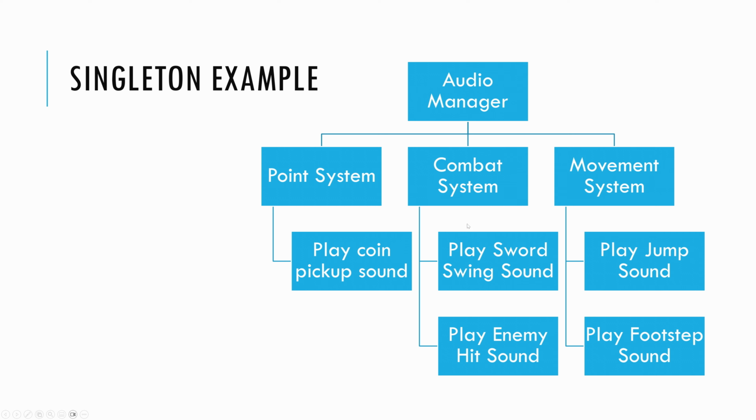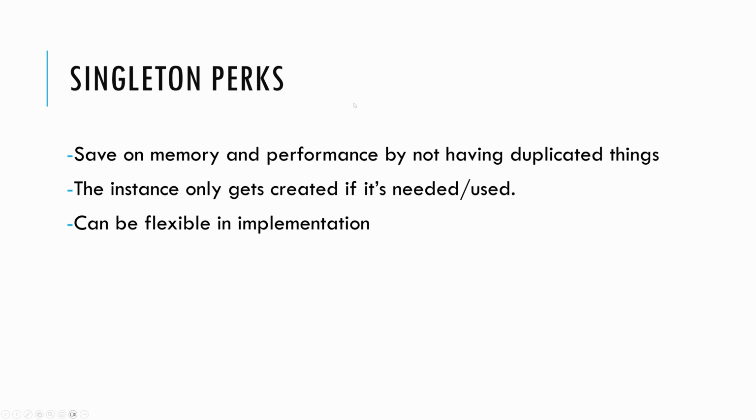And your combat system can connect to the audio manager to play a sword swinging sound or an enemy hit sound. Your movement system can connect with your audio manager to play a jump sound or a footstep sound. But because there's only ever 1 audio manager, every one of your other systems knows where to point, where to look.